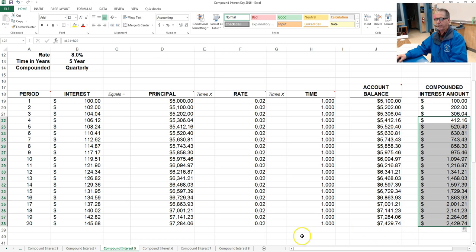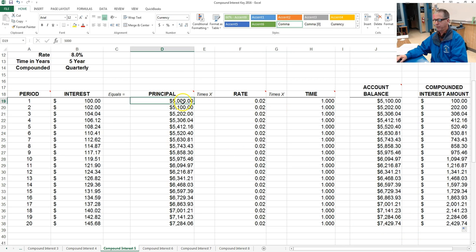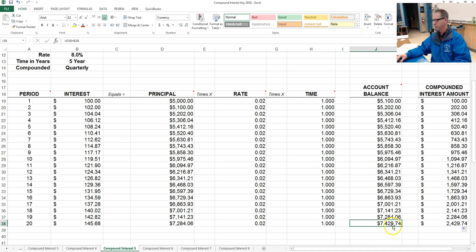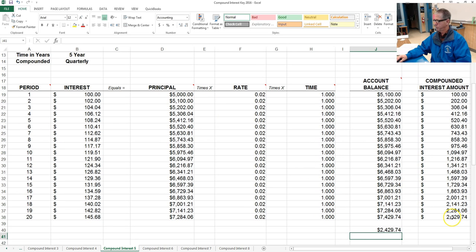And you will see that at the end of 5 years, compounding quarterly, 4 times a year, which gives you 20 periods, the amount of money you started with, $5,000, at the end of those 5 years, you would have a total amount of $7,429.74, and you would have earned $2,429.74 in interest, calculated at 8% and compounding quarterly. Check our arithmetic here. Ending balance minus the beginning principal, and those numbers agree.